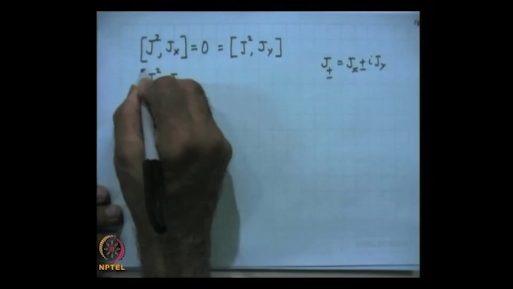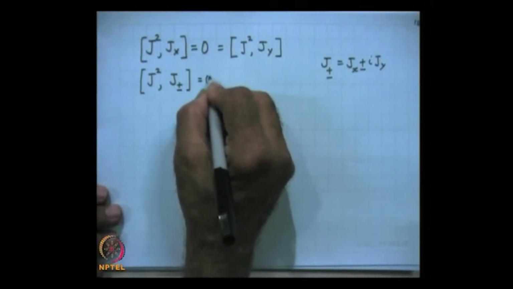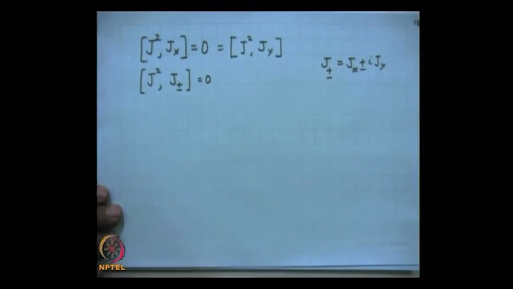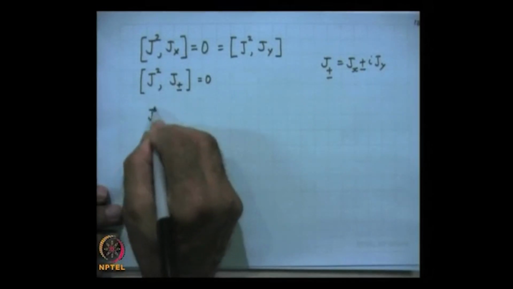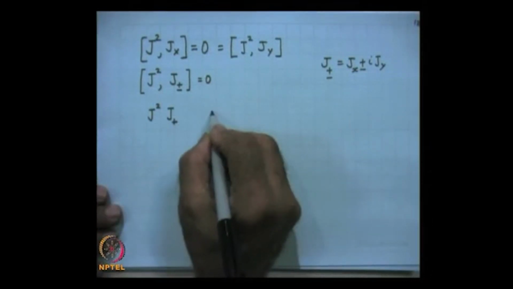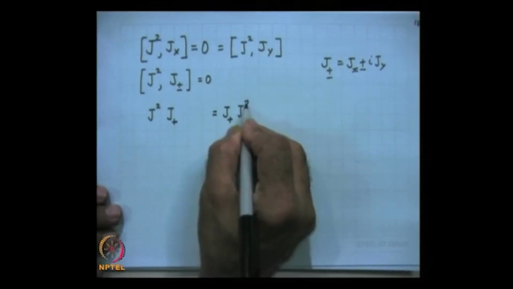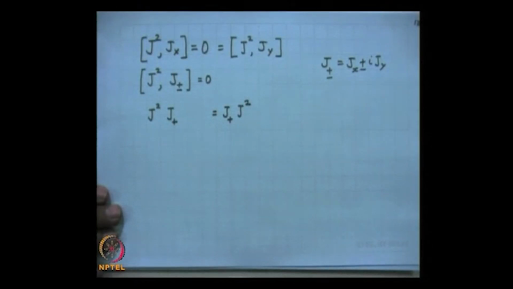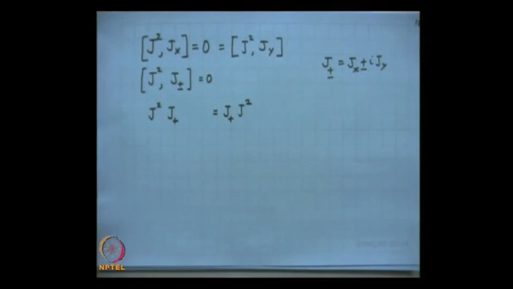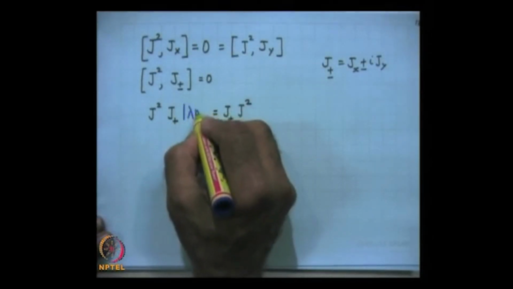So, please see this: the commutator of j square with j plus is equal to 0, and with j minus is equal to 0. Therefore, j square j plus is equal to j plus j square. I operate this on the eigenket lambda m.